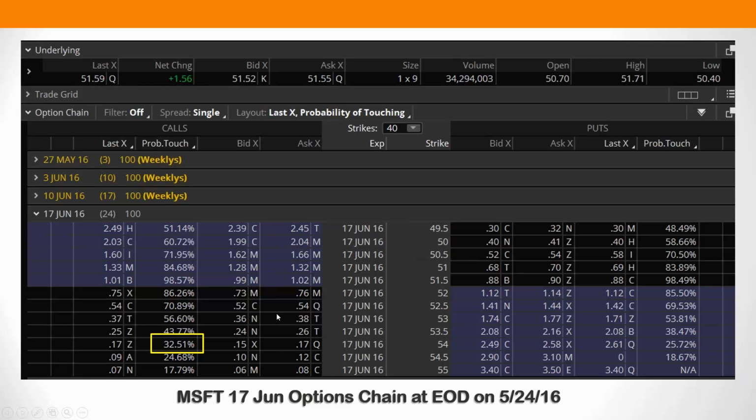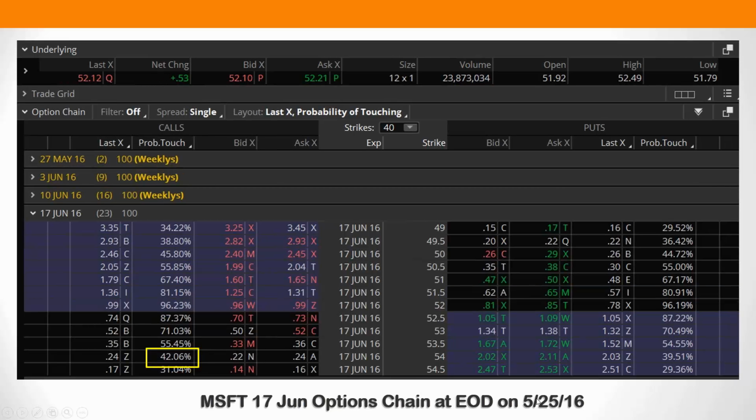So that was the day before the break above the upper Bollinger Band, but on the day of, after the market, this is end of day, here's the pricing. Now, the 54 level, we've got 42.06%. Microsoft's last trade was 52.12.